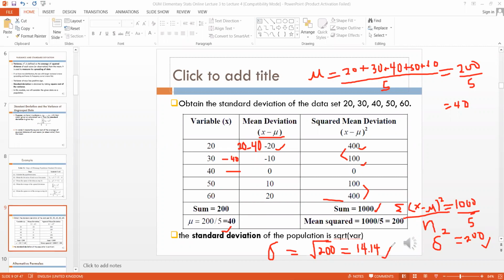So these are the steps for finding the standard deviation and the variance from ungrouped data.